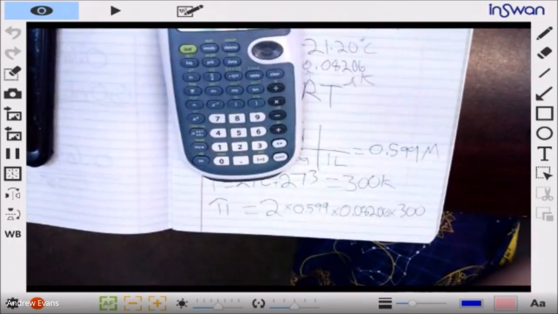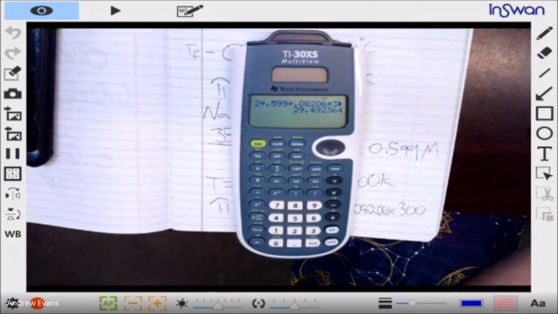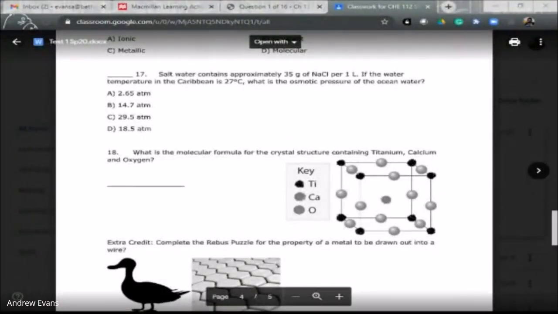You do that math, the number you should get is about 29 and a half. So 29.5 as the pressure. Even if you'd used the wrong R, it would not have changed it by that much.